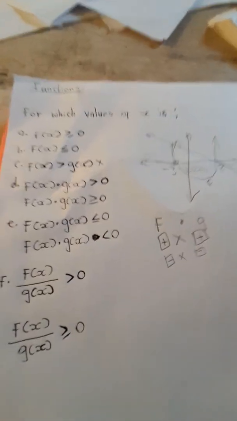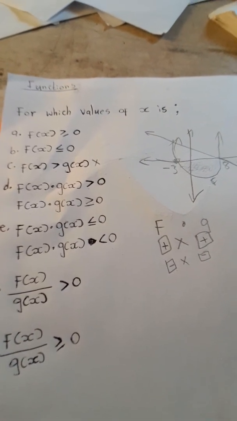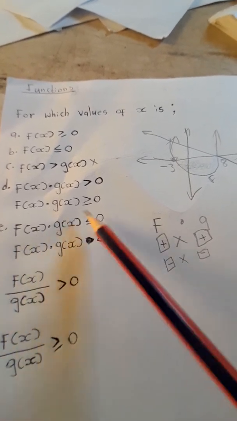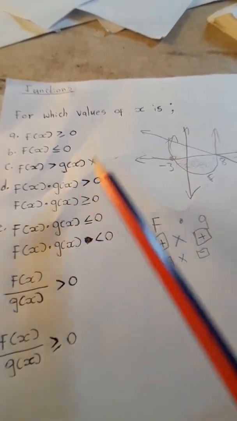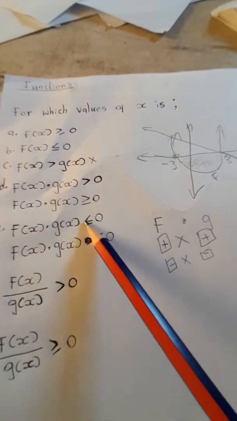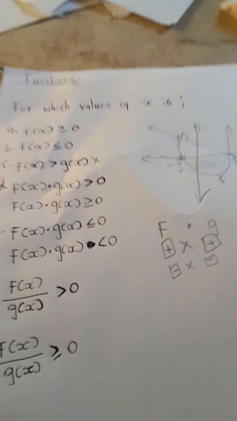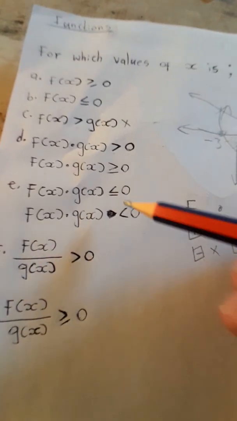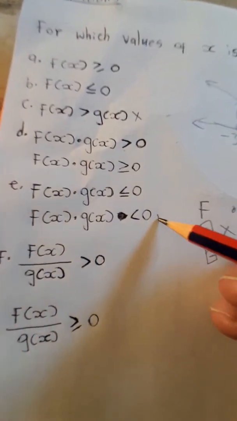And then we are on E here. For which values of x is f of x times g of x less than or equal to 0? Let me explain this.